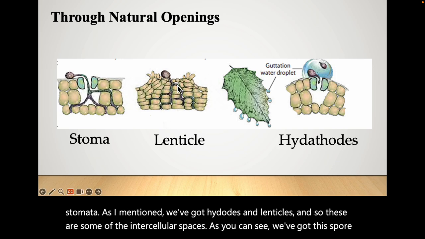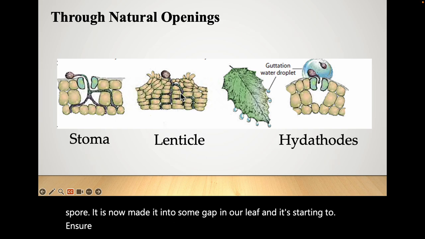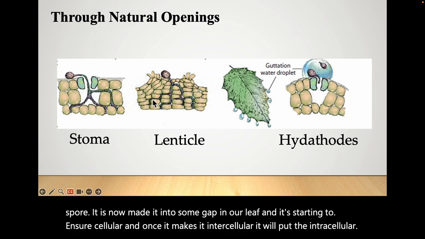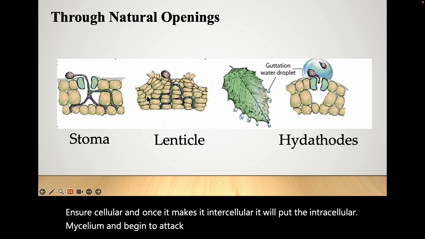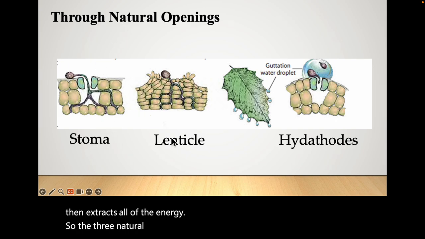It has now made it into some gap in our leaf, and is starting to go intercellular, and once it makes it intercellular, it will put the intracellular mycelium in and begin to attack all of these cells. So it kind of engulfs it and then extracts all of the energy. So the three natural openings are going to be the stoma, the lenticel, and these hydathodes.